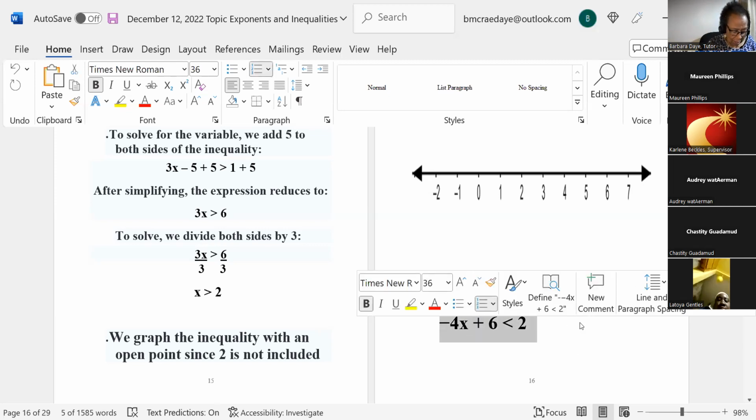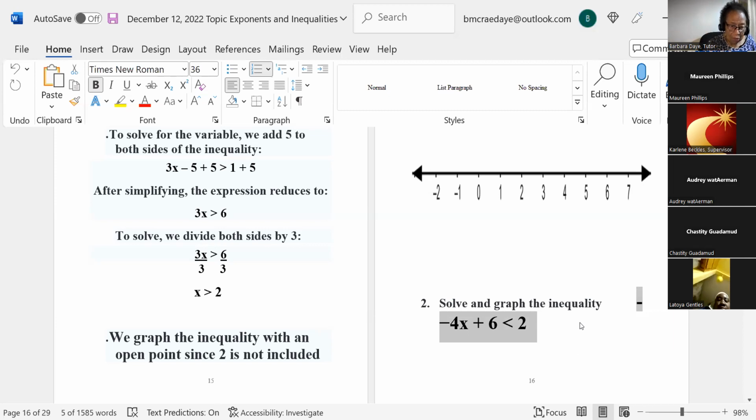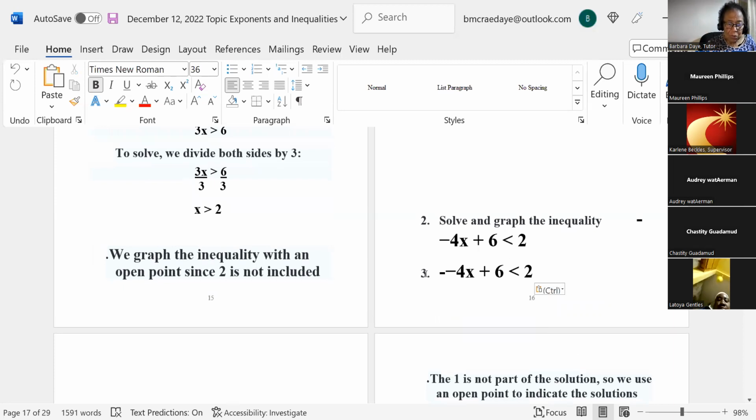No, if you subtract the 6 from both sides, that would have given you minus 4x. Right, minus 4x. So this would be a minus 4, right? Minus 6 and 2, so this comes out.